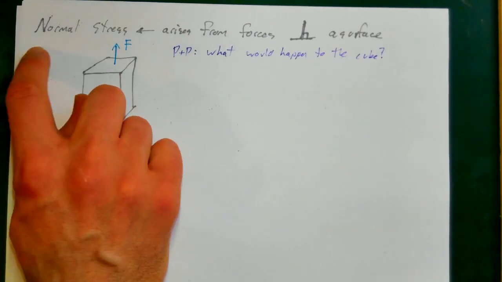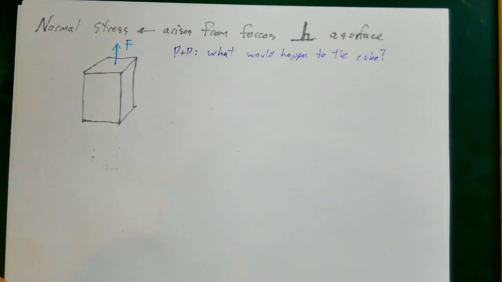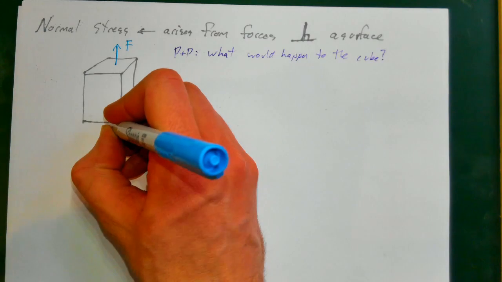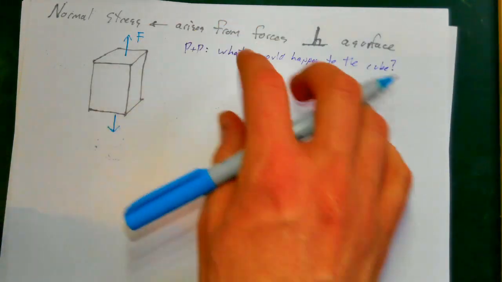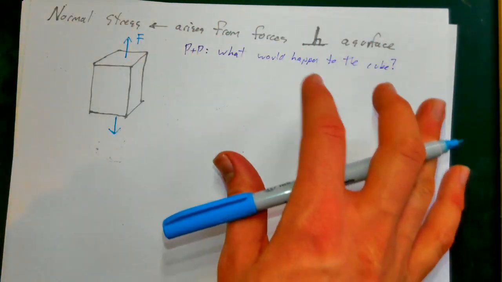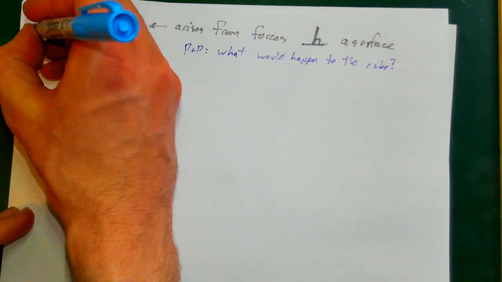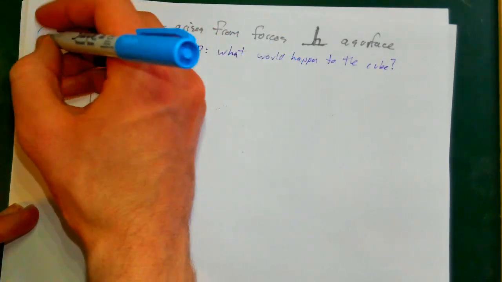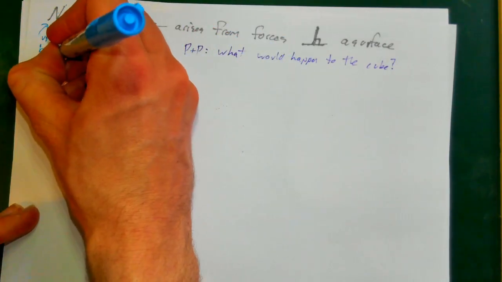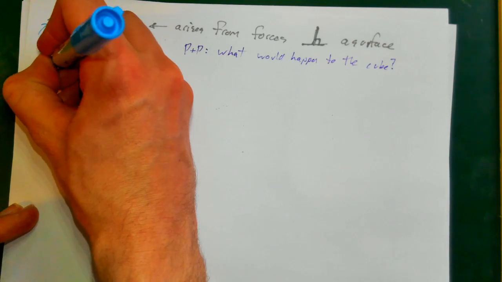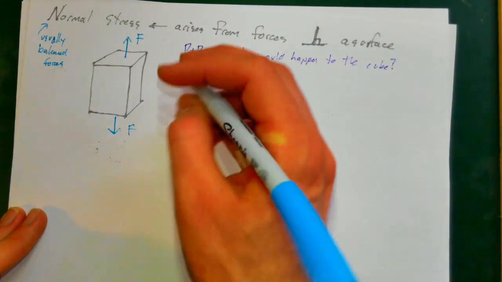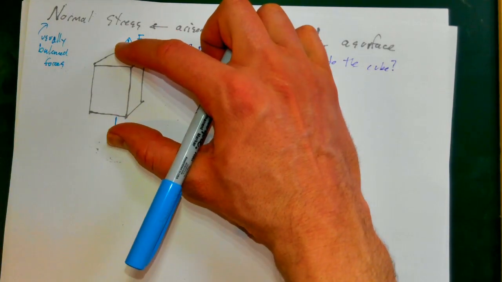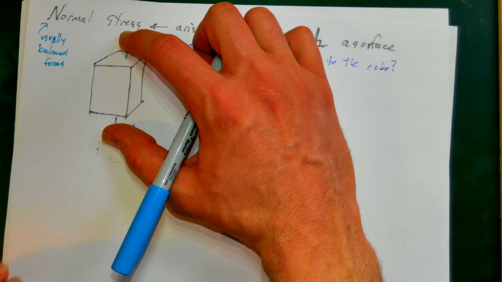So when we're talking about normal stress, we almost always talk about it in the context of balanced forces, or the stresses that arise from balanced forces. So I'm tugging on my block at one point, tugging on my block down here. The block doesn't have unbalanced forces, so it's not really accelerating.